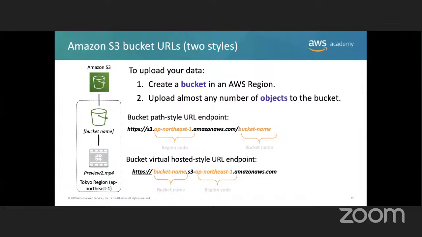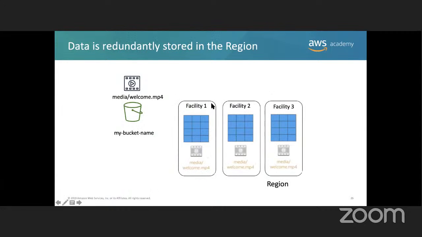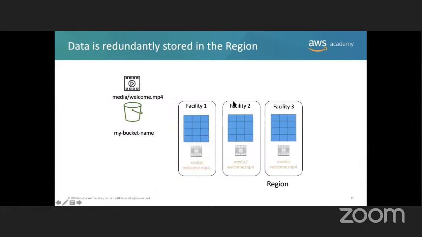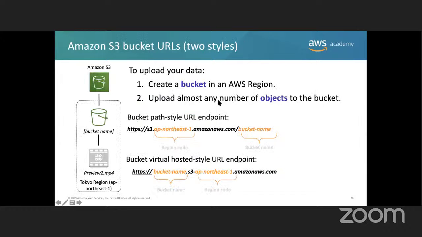Okay, so how do you load something into an S3 bucket? You can simply go to the bucket, create a bucket, and load any number of objects. I can upload an object from the CLI, or from a Python program by simply having the URL of the bucket, which is the endpoint.